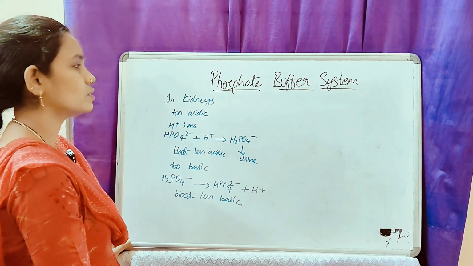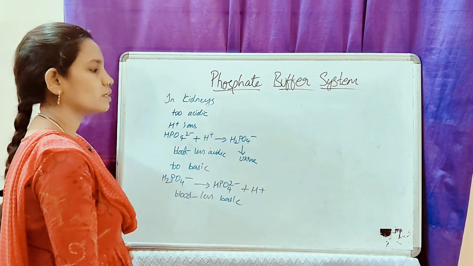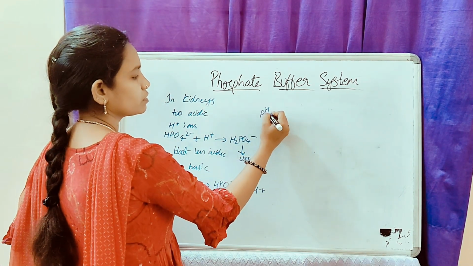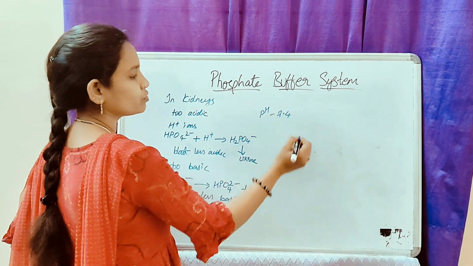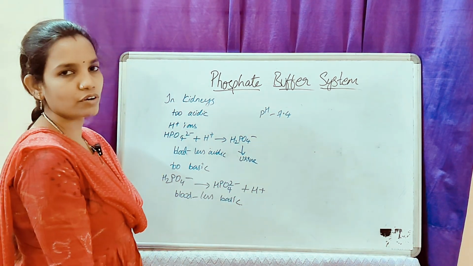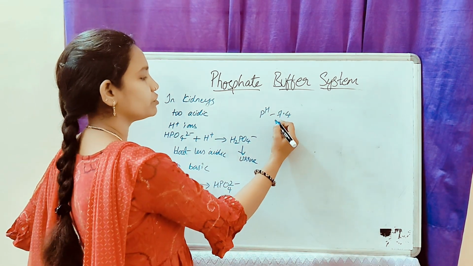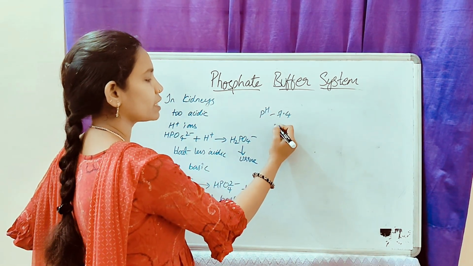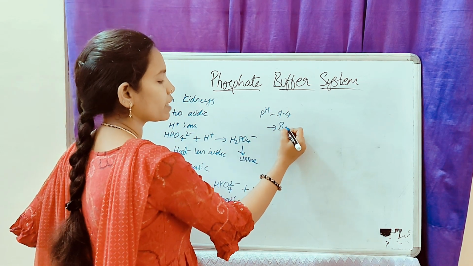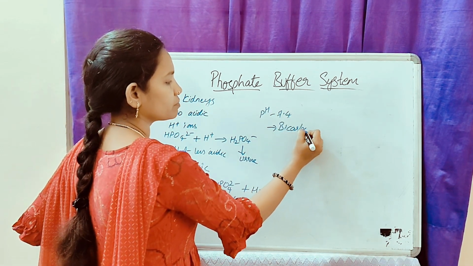So in both the conditions, phosphate buffer is maintaining the blood pH in the range of 7.4, acting as a second line of defense in the body, because we have the major or the first line of defense as the bicarbonate buffer system.